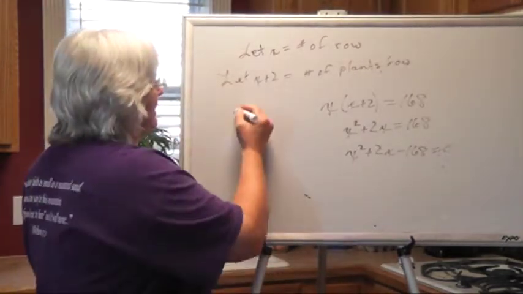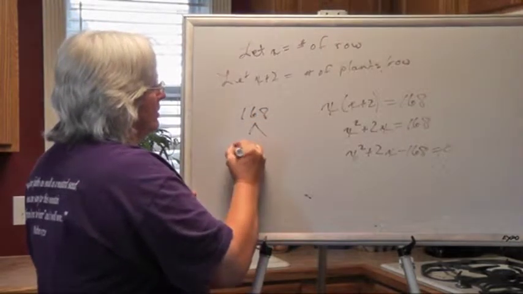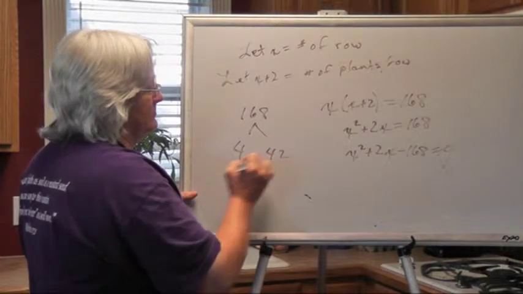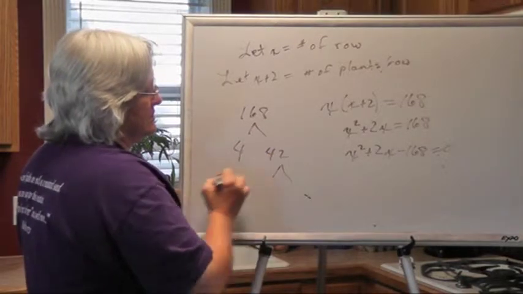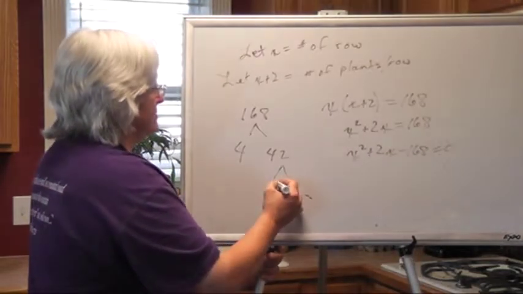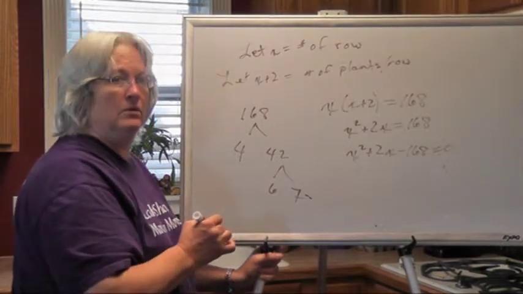So I'm going to go ahead and factor again. 168, I know I can divide by 4. 4 goes into 16, 4, 2. Let's see, 42 is 6 times 7 is 42.